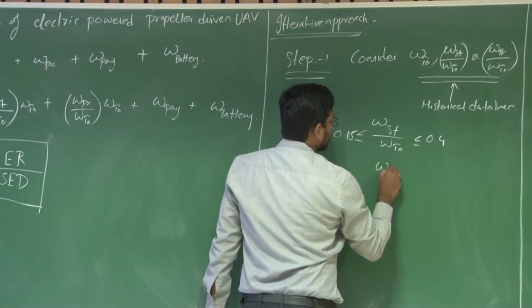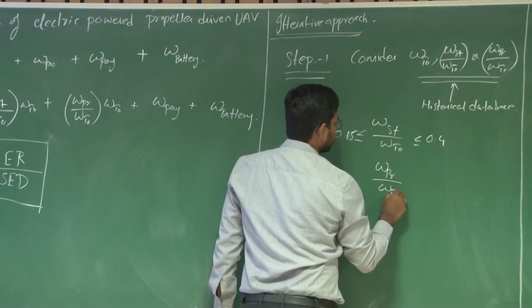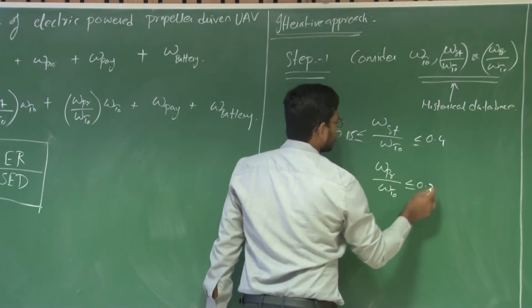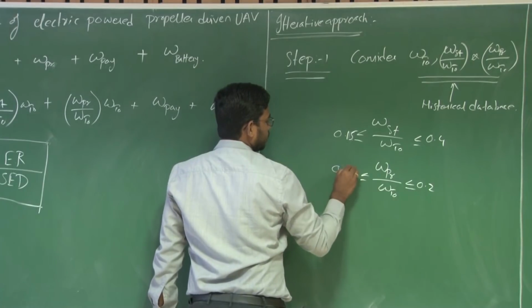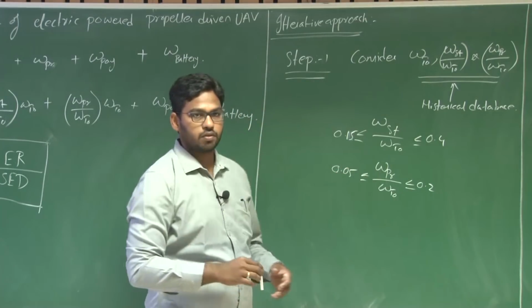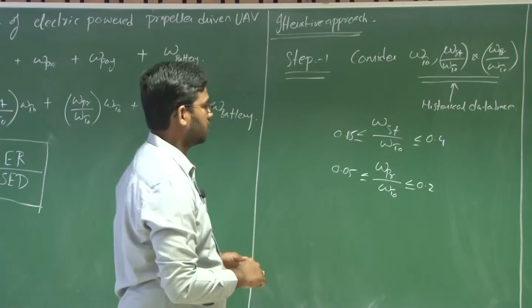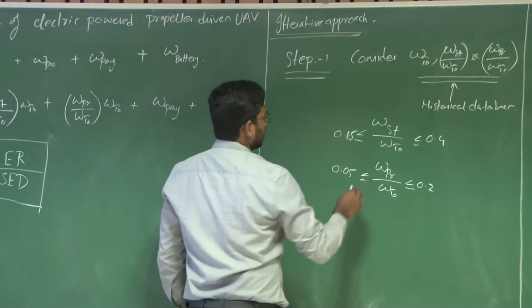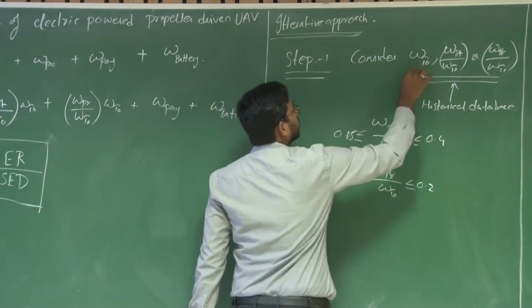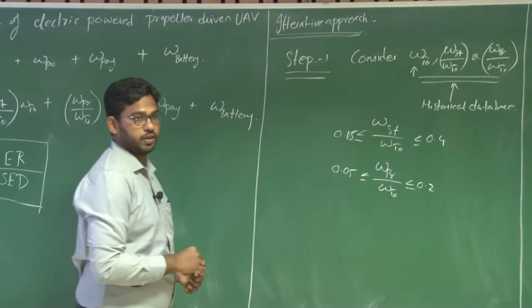And typical values of propulsion to takeoff weight, 0.2 is a maximum case that we are considering, and it will lie down to 0.05, 5% of the overall takeoff weight, right? And now you also consider the input of this overall takeoff weight.